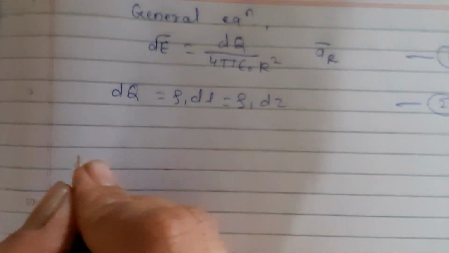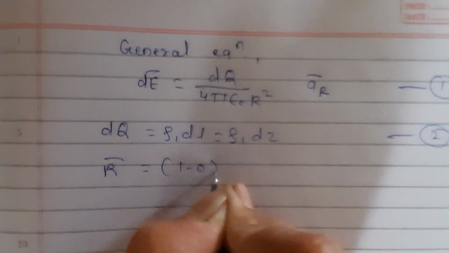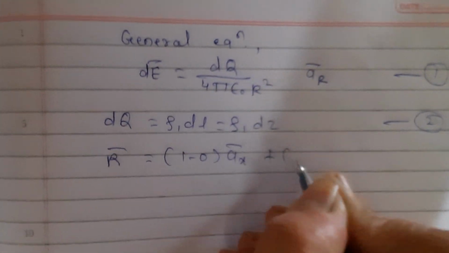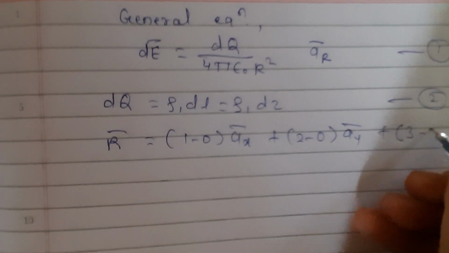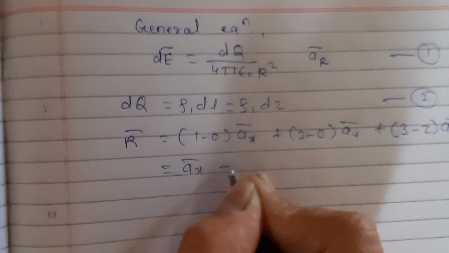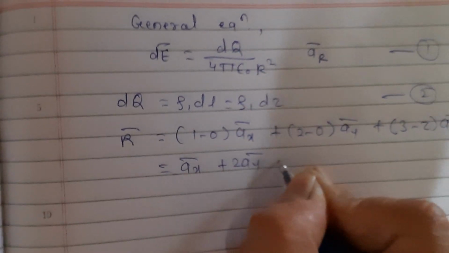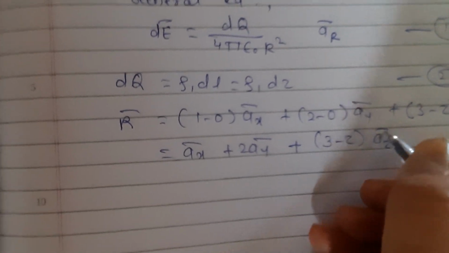Now we find the r bar first. So r bar is equal to (1 minus 0) ax bar plus (2 minus 0) ay bar plus (3 minus z) az bar. We solve it as ax bar plus 2 ay bar plus (3 minus z) az bar.